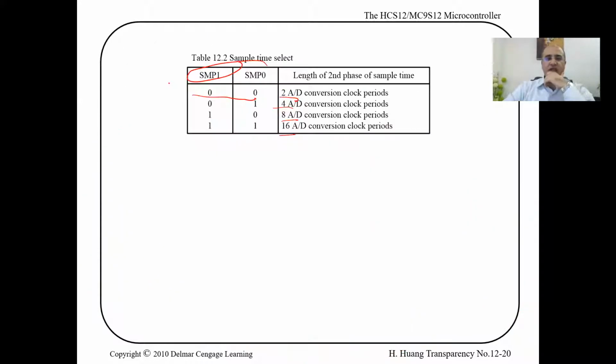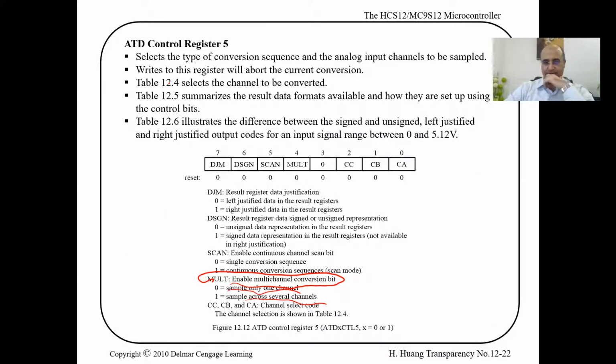The last one is control register 5, A to D0 register 5. Here we set the justification, how the data is justified. Left justified or right justified? What does this mean?